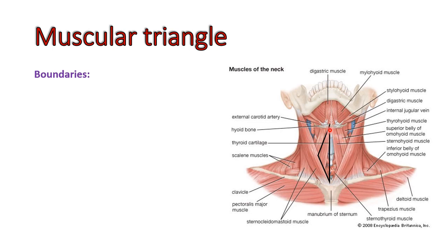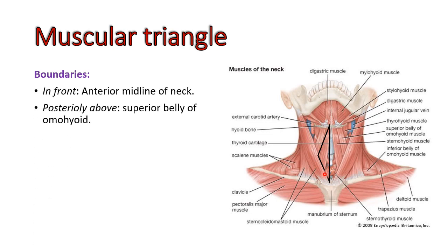It is mainly formed by the anterior midline of the neck, below the hyoid bone, extending from the lower border of the hyoid bone to the jugular notch. Then above and laterally by the superior belly of omohyoid, and below and laterally by the anterior border of sternocleidomastoid.